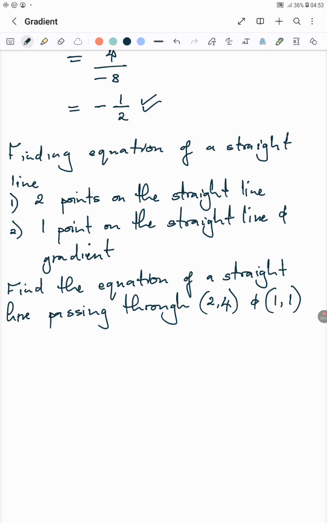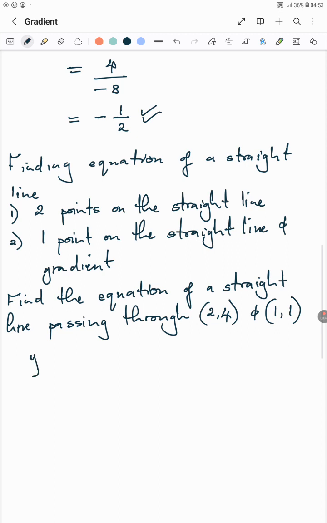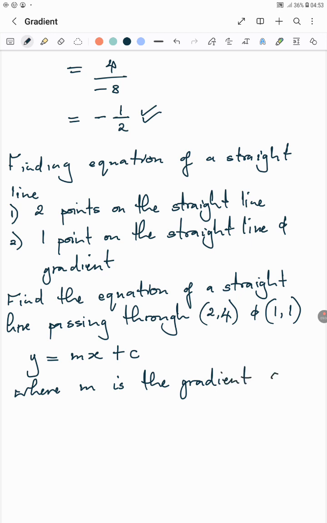So the equation of a straight line is always in the form y is equal to mx plus c, where m is the gradient and c is the y intercept.